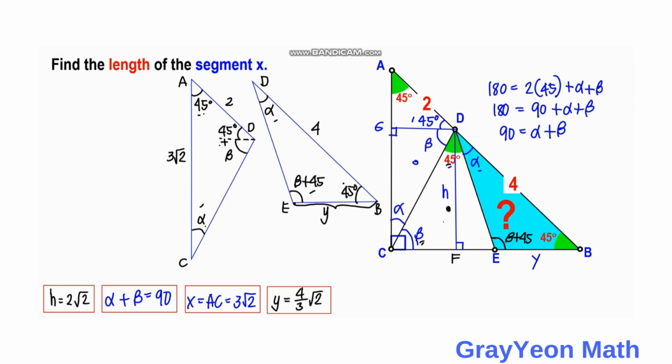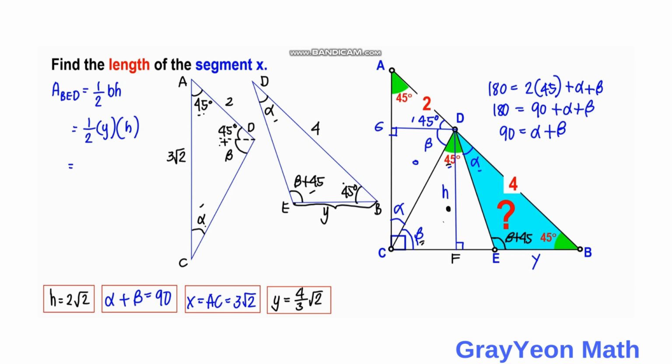Okay, so now for the final step. The area of triangle BED, the blue area we are looking for, is 1/2 times the base times the height. The base is actually EB, and EB is equal to y. So 1/2 times y times the height, which is h.